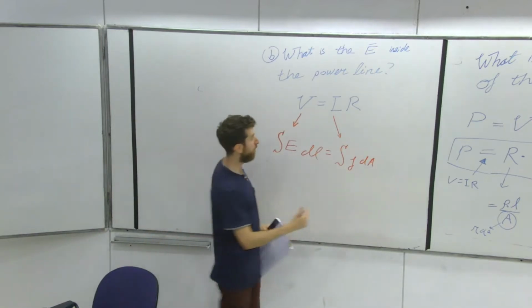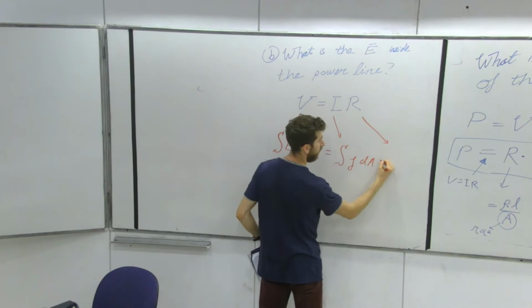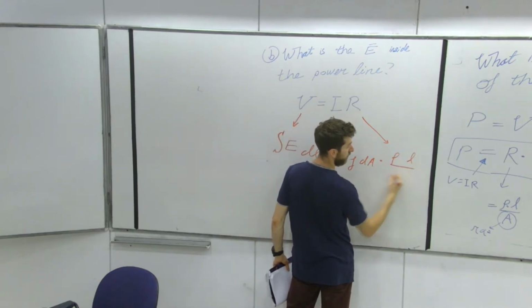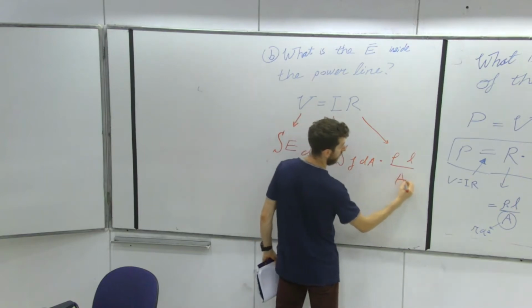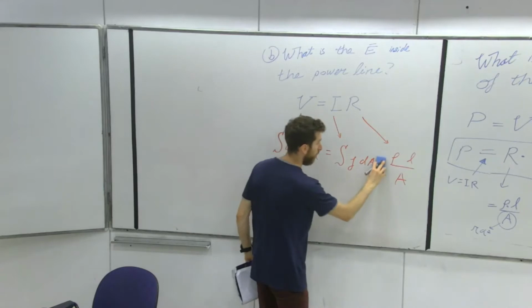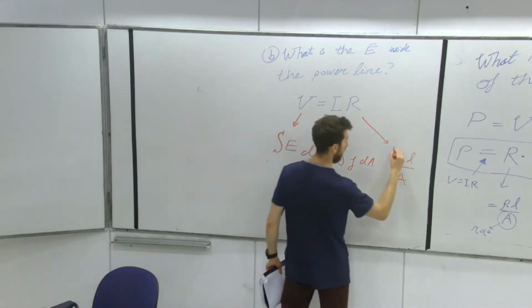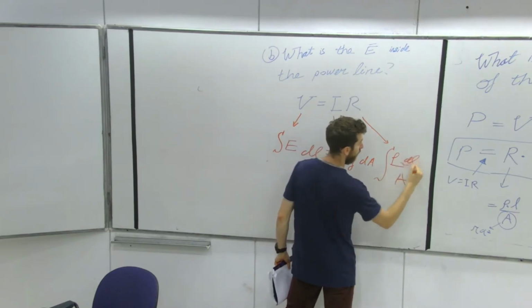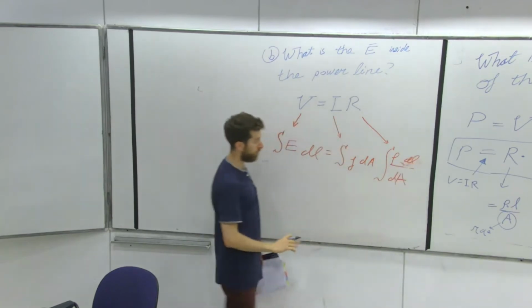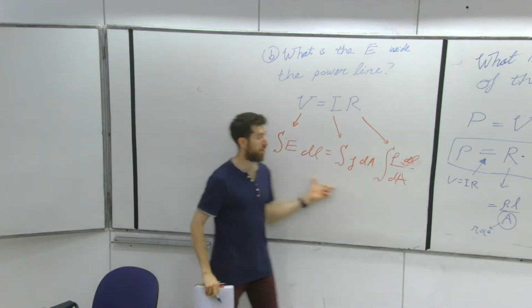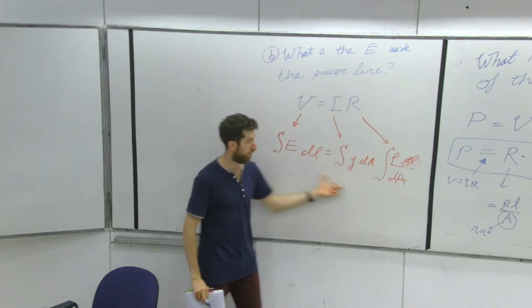And for R, we just wrote it below: rho L over A. And if I want to make it kind of general, we can put another integral here, a lot of dL or a lot of dA, just as a constant, okay? So this is a really general case.